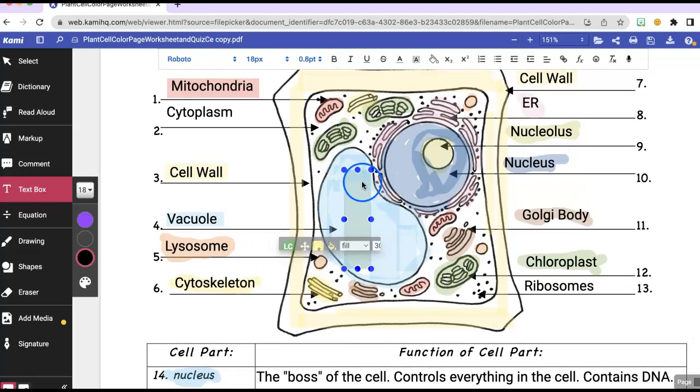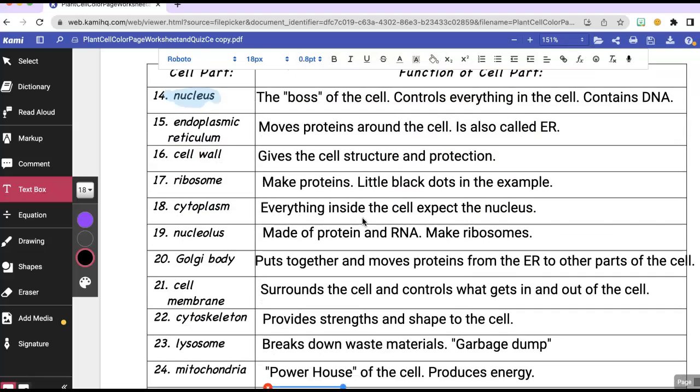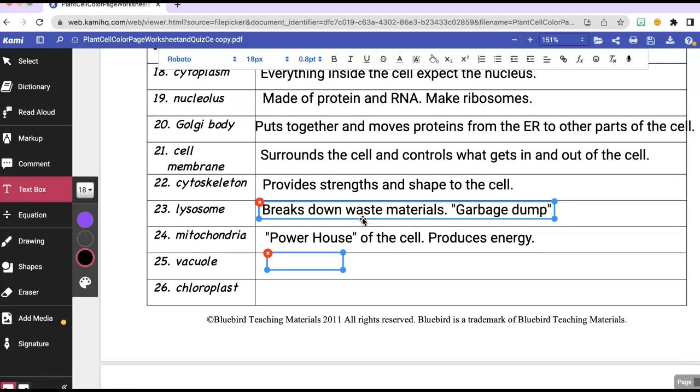Your vacuole won't have enough water in it, and your plants may shrivel up and die. So, we're just going to simply write stores water for the cell.